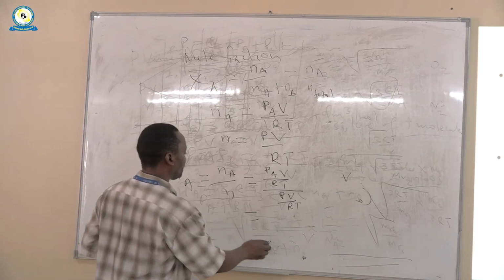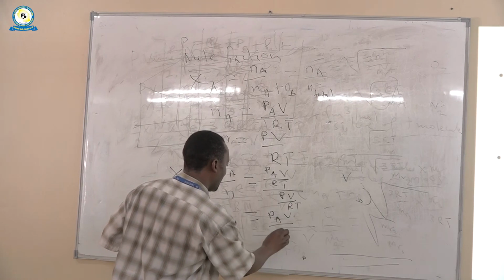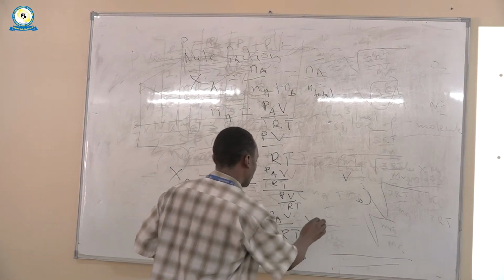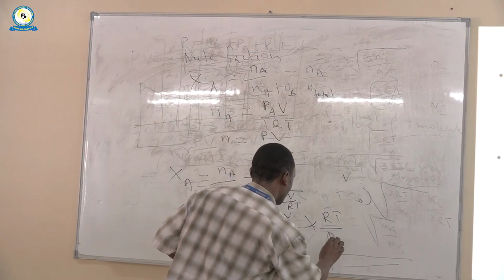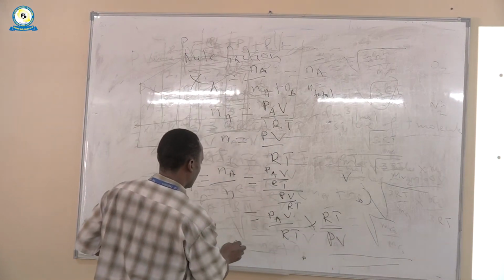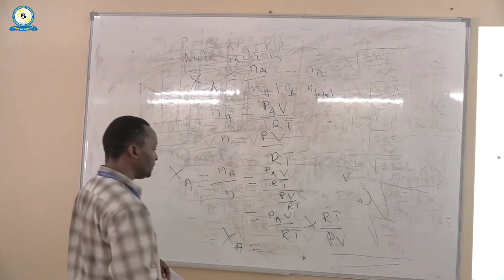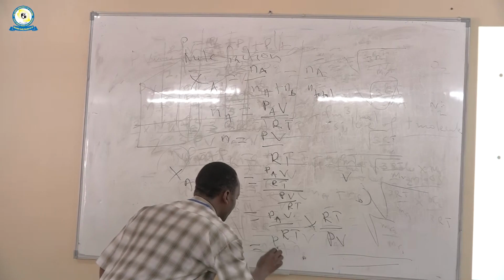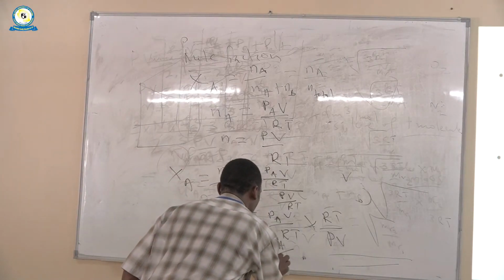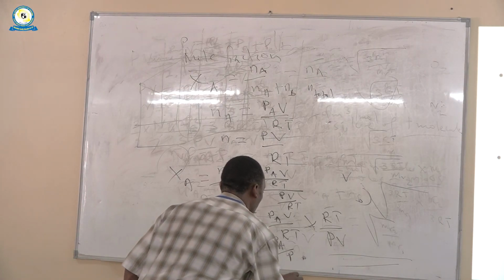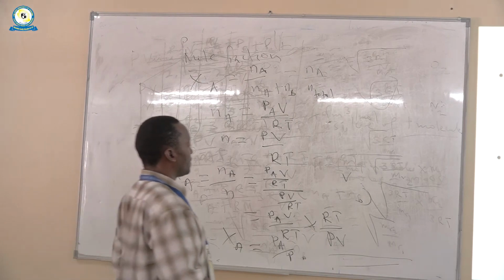Here the V and RT cancel, so the mole fraction is equal to PA over P.